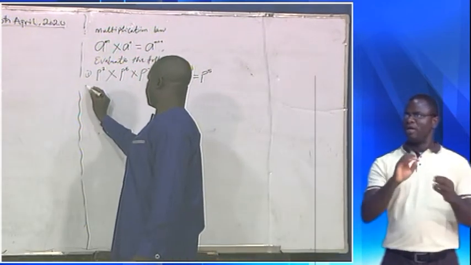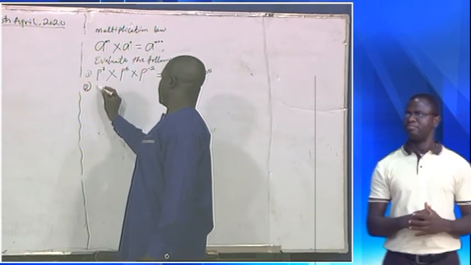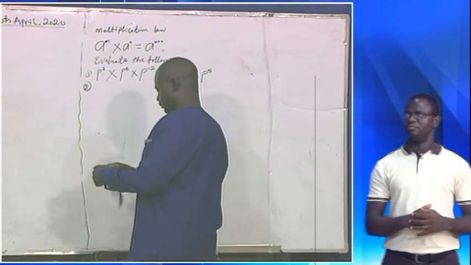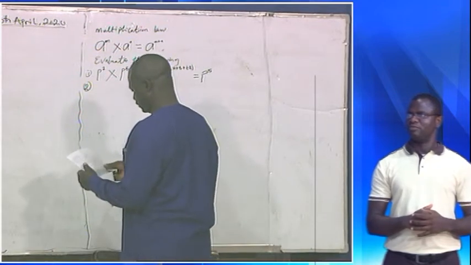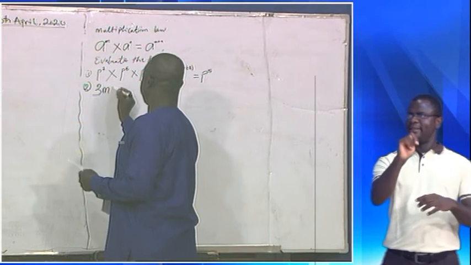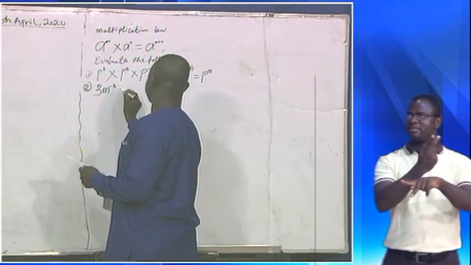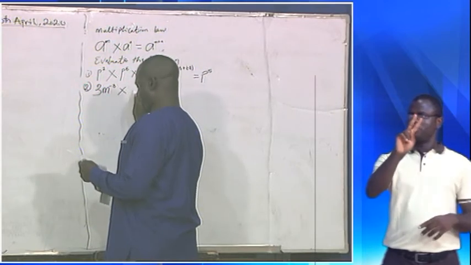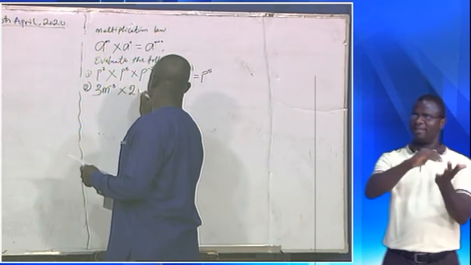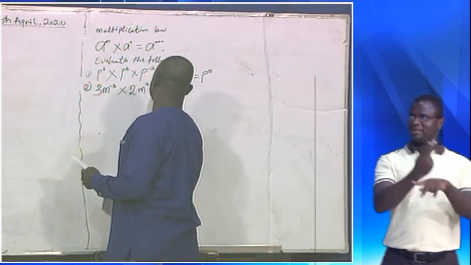Now, example number 2. If we have 3m raised to the power of minus 3 multiplied by 2m raised to the power of 7.